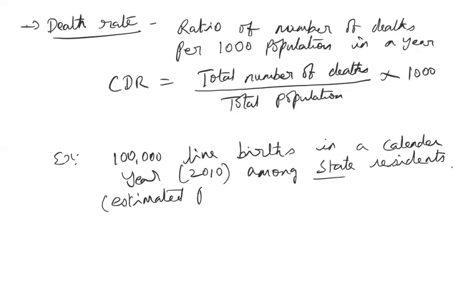So let us assume this is the estimated population. Okay, so 100,000 among this estimated population.